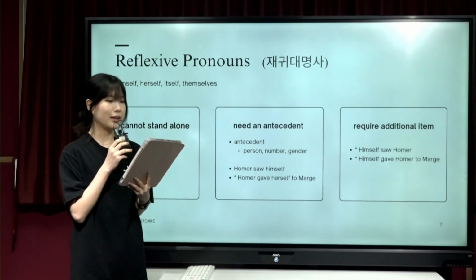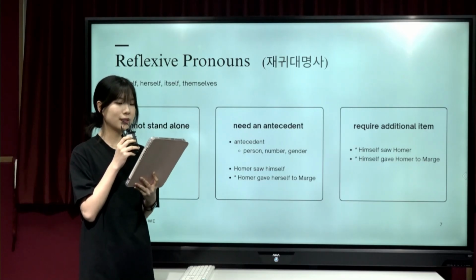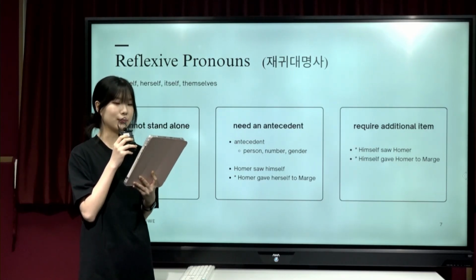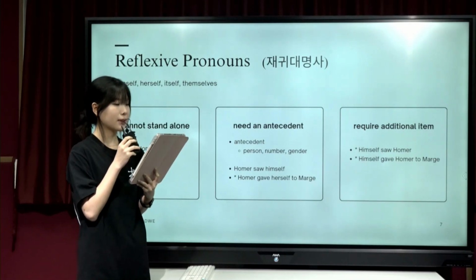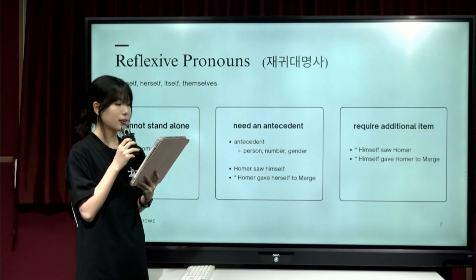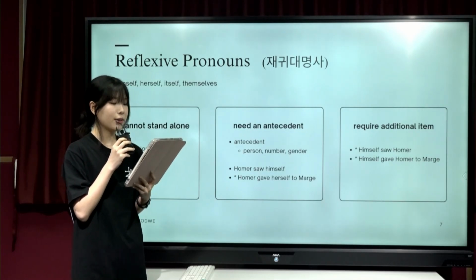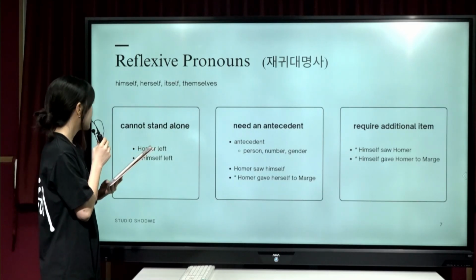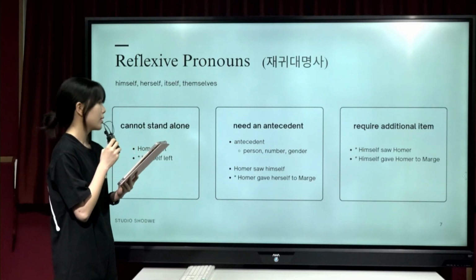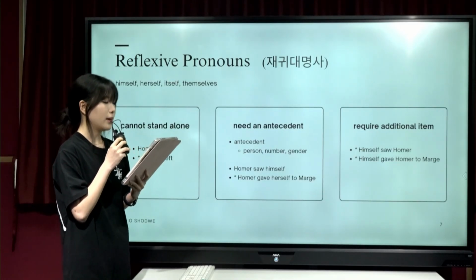Now I'll explain reflexive pronouns such as himself, herself, itself, and themselves. I classified their characteristics into three categories. First, reflexives cannot stand alone. They cannot appear alone in a sentence. For example, the sentence Homer left is grammatical, but himself left is ungrammatical. Second, reflexives need an antecedent.